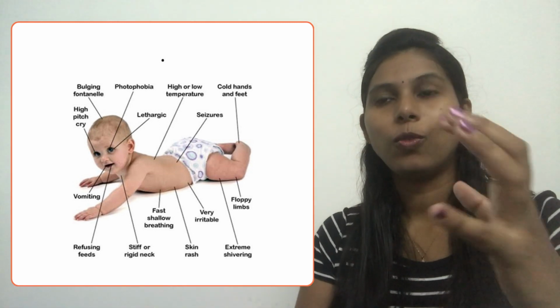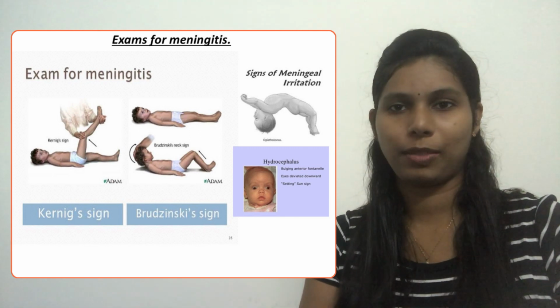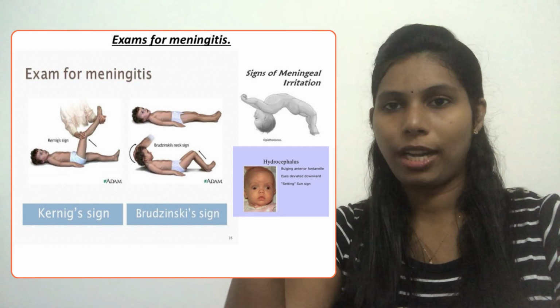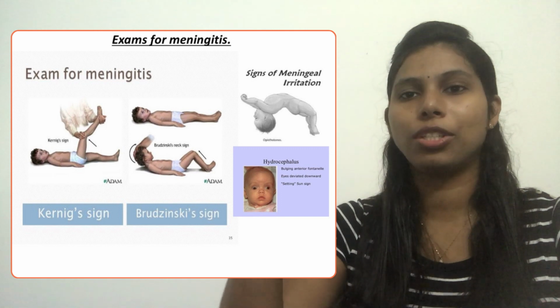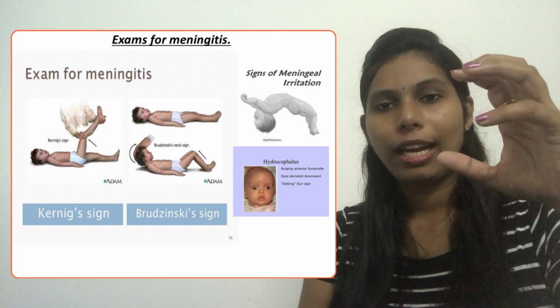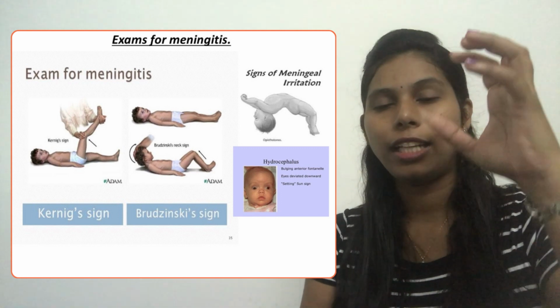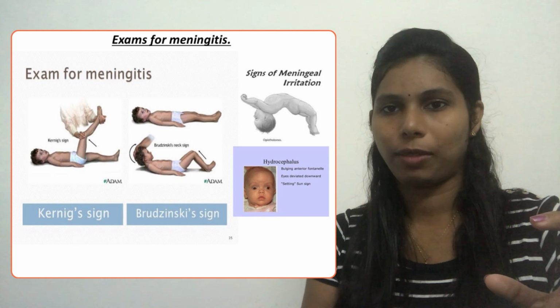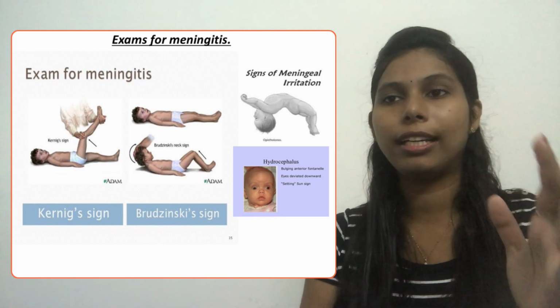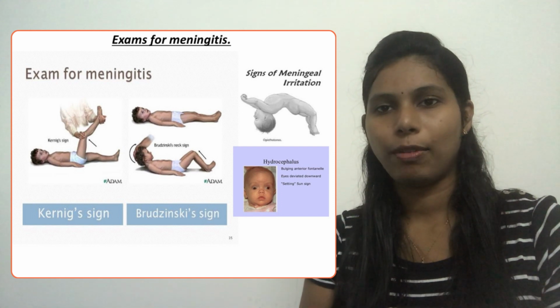Now we will see some of the exams or signs for meningitis. This is a very important aspect. I have seen many questions related to these points. So when a client is diagnosed with or suspected of meningitis, the healthcare provider will do an examination, that is, we call Kernig's and Brudzinski's sign. So how will they perform Kernig's sign?